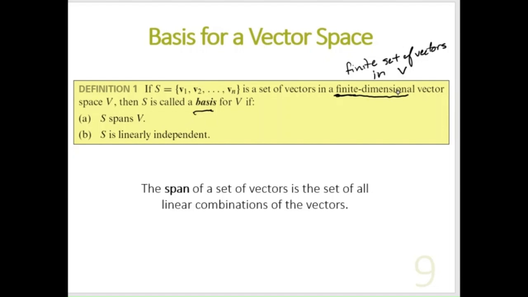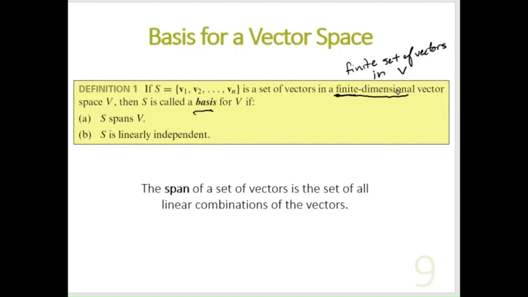And so I just want to reiterate really quick then, if S is a set of vectors in a finite dimensional vector space V, then S is called a basis for V if S spans V and S is linearly independent. So you want to think of this set S as being a basis for V that's going to describe the coordinate system.